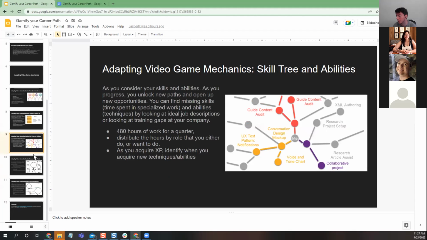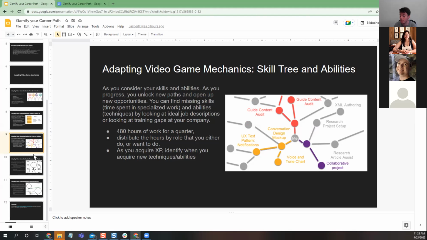Another thing that I thought was cool was the idea of a skill tree and adding different abilities. If you're familiar with Jira and Waterfall, you have a number of hours, like you assign points, which are like hours in your workday.